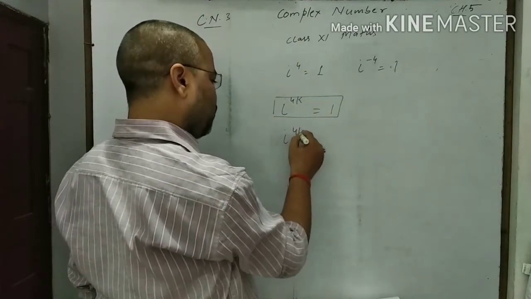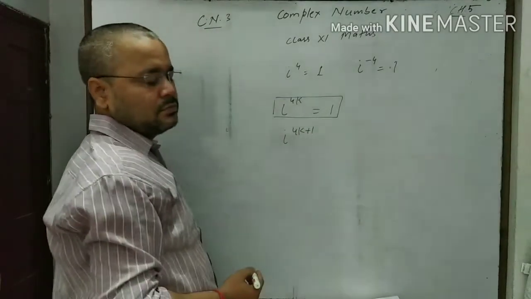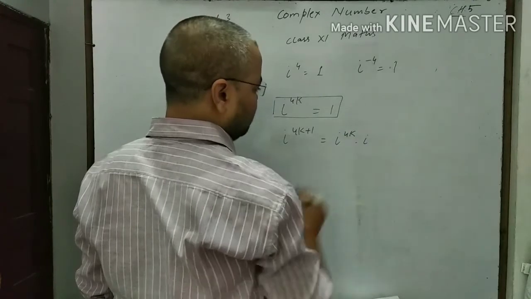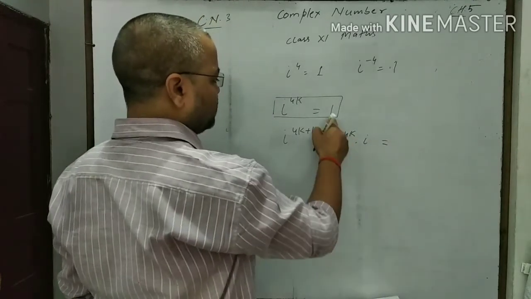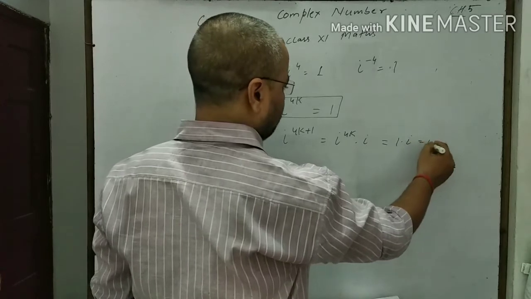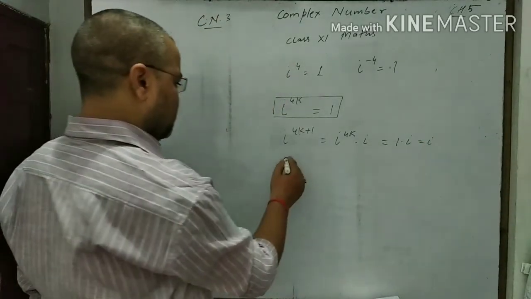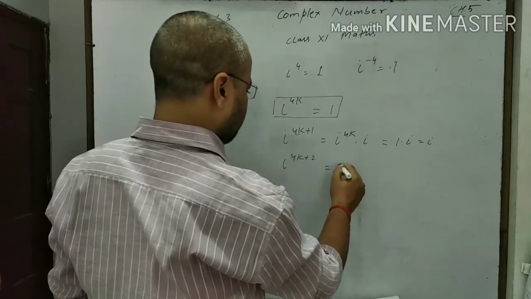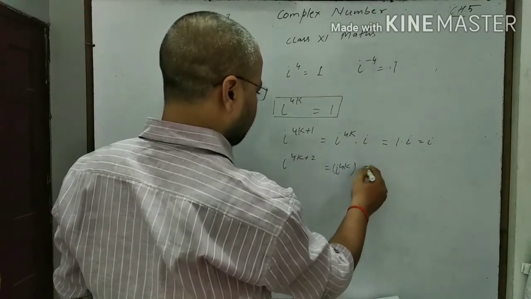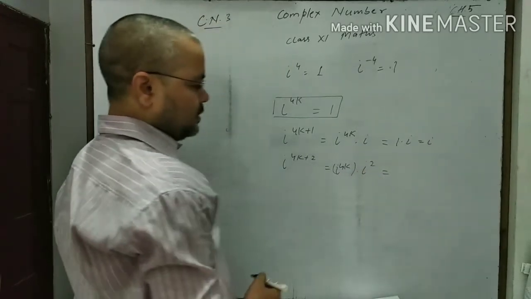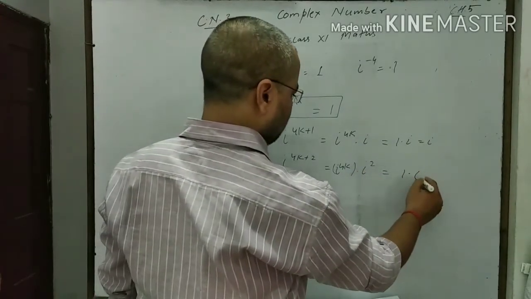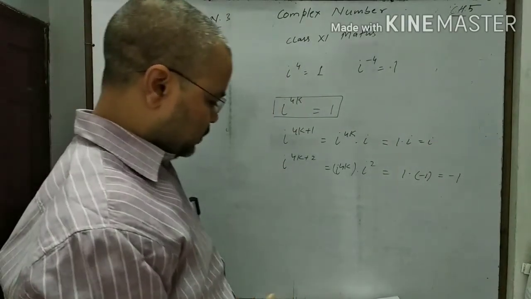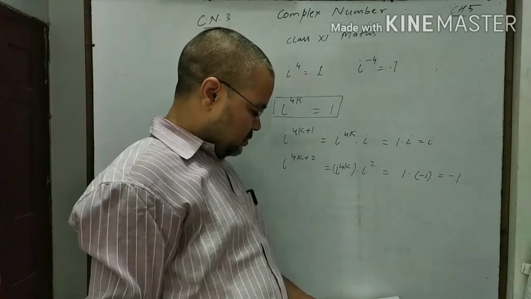Then I raised to the power 4k plus 1 is what? It will be I raised to the power 4k into I, and I raised to the power 4k is 1. 1 into I means I. Similarly, I raised to the power 4k plus 2 will be I raised to the power 4k and I square, so its value will be 1 into minus 1, which is minus 1.